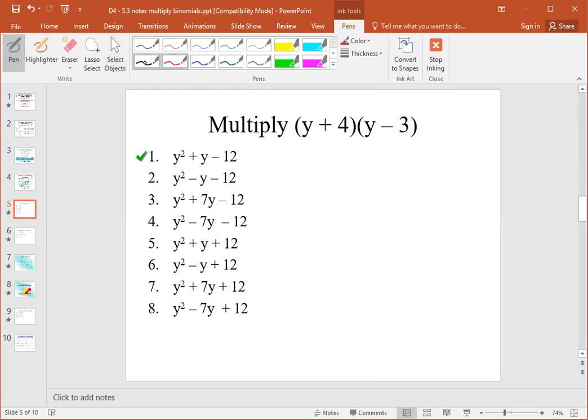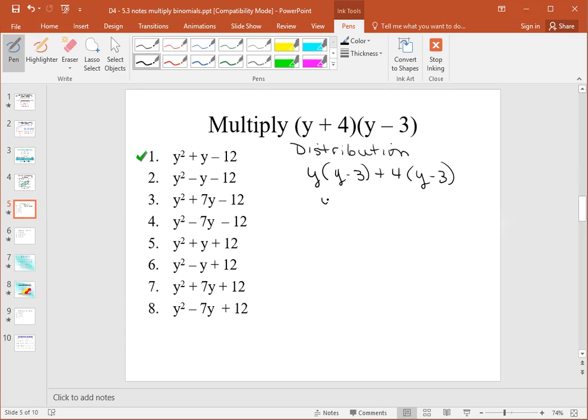I'm going to do each of those 3 ways so that you can see. If I did it using distribution, then I would have y times y minus 3 plus 4 times y minus 3. Remember, I'm going to distribute these now.